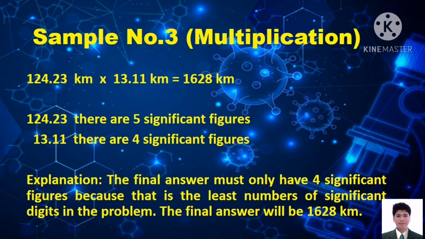Remember, 124.23, there are 5 significant figures, while 13.11, there are 4 significant figures. The final answer must only have 4 significant figures because that is the least number of significant digits in the problem. The final answer will be 1,628 kilometers.